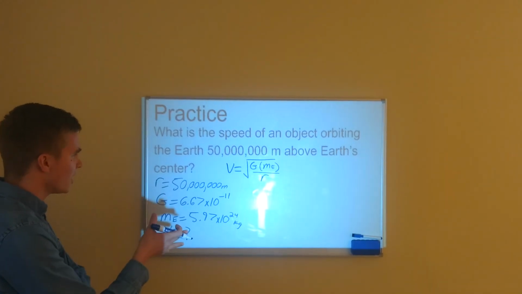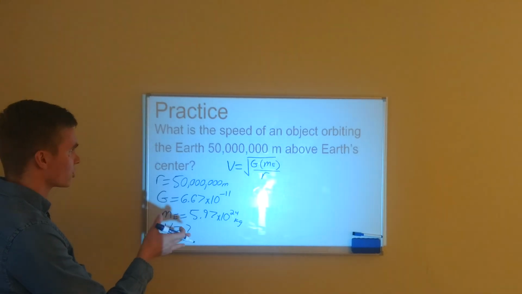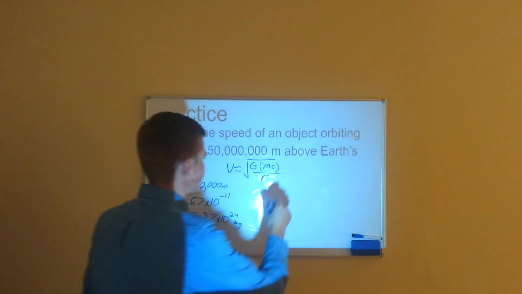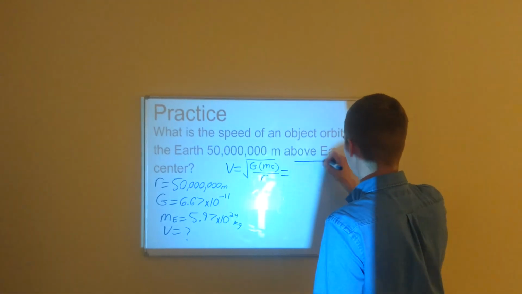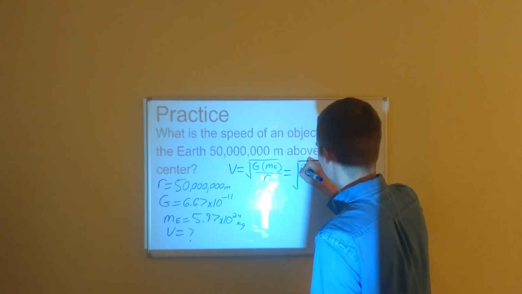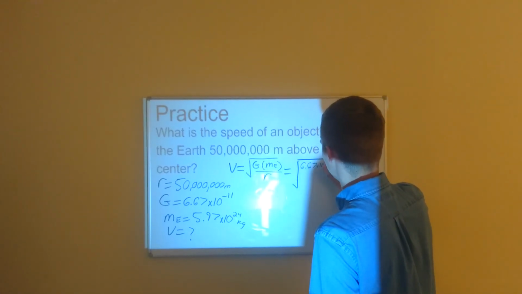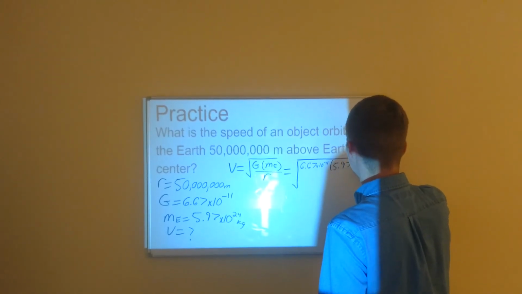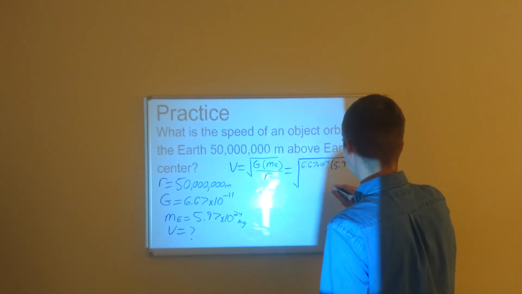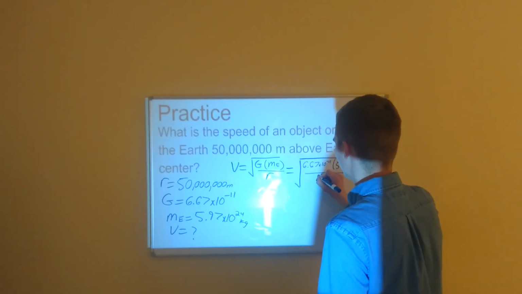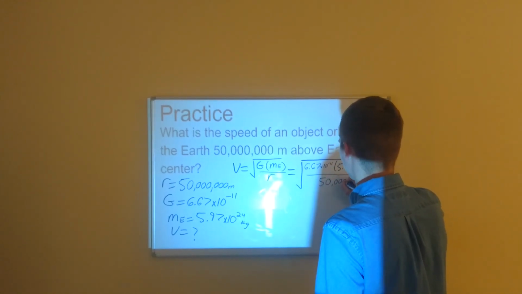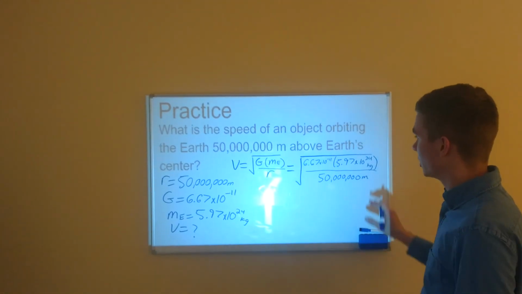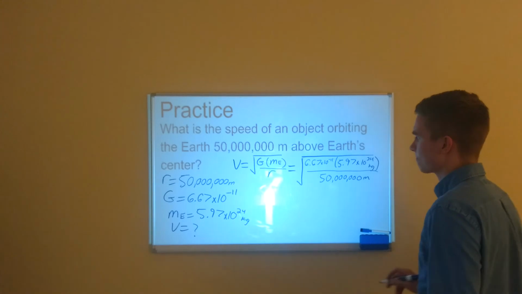I think I have enough filled out to start solving, so I'm going to substitute my knowns into this equation. Remember to include your units while we're substituting in our equation for extra points.